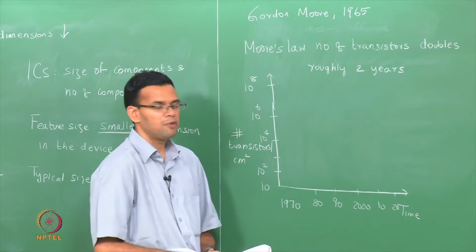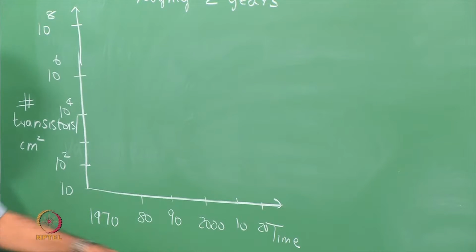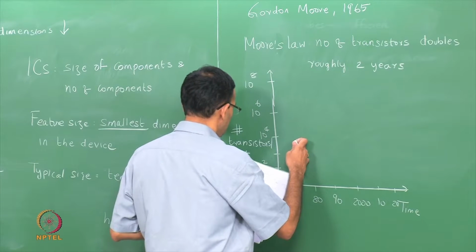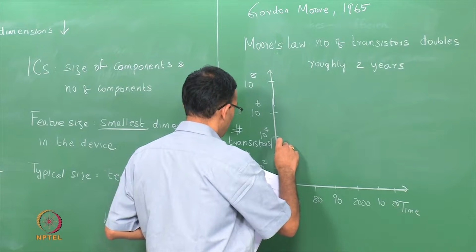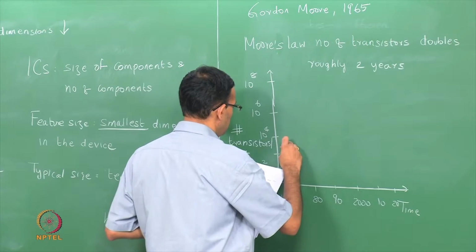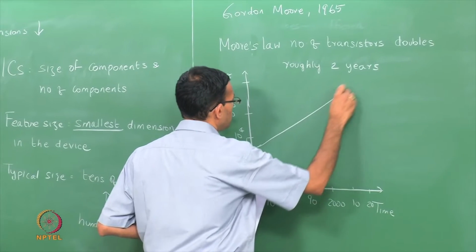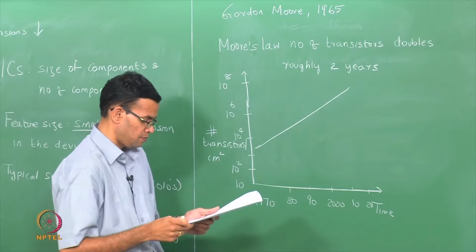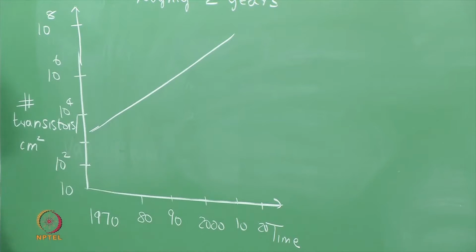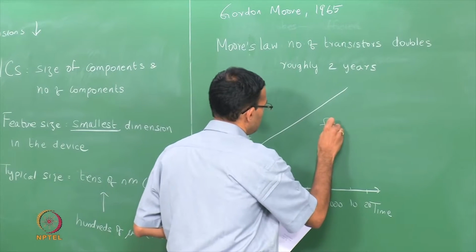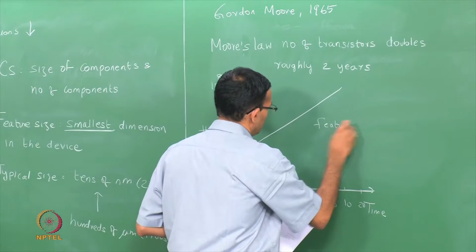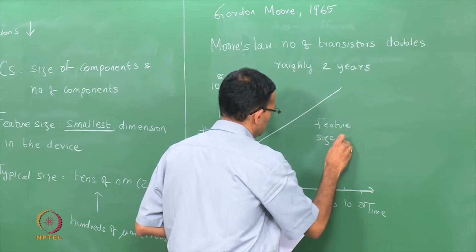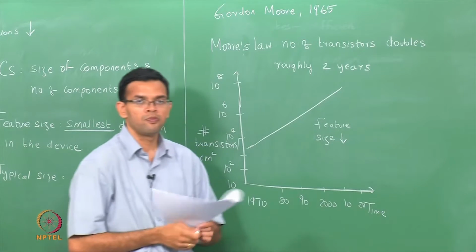So if you plot the number of transistors versus time, it's pretty much a straight line. So it starts somewhere around 10 to the 3 or 1000 transistors per chip, and it's almost been linear. So corresponding to the increase in the number of transistors, the size of the device has also decreased. Corresponding feature size has also come down.